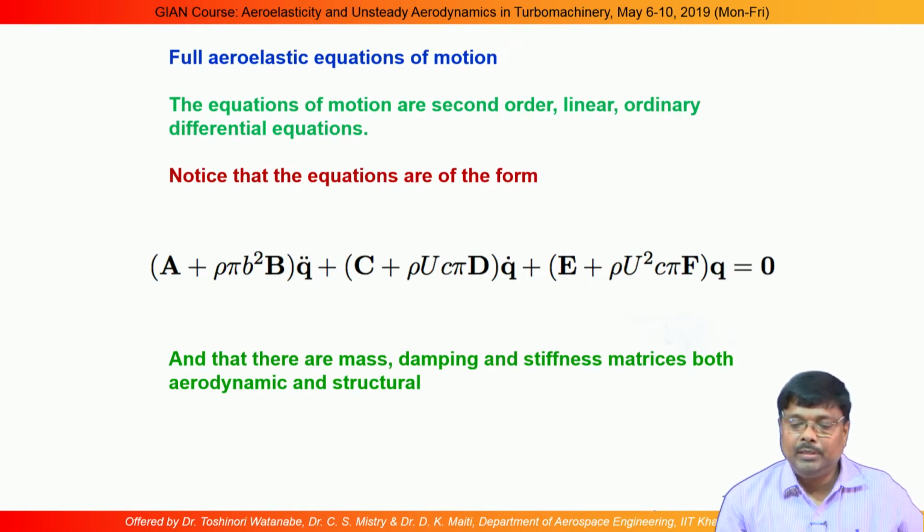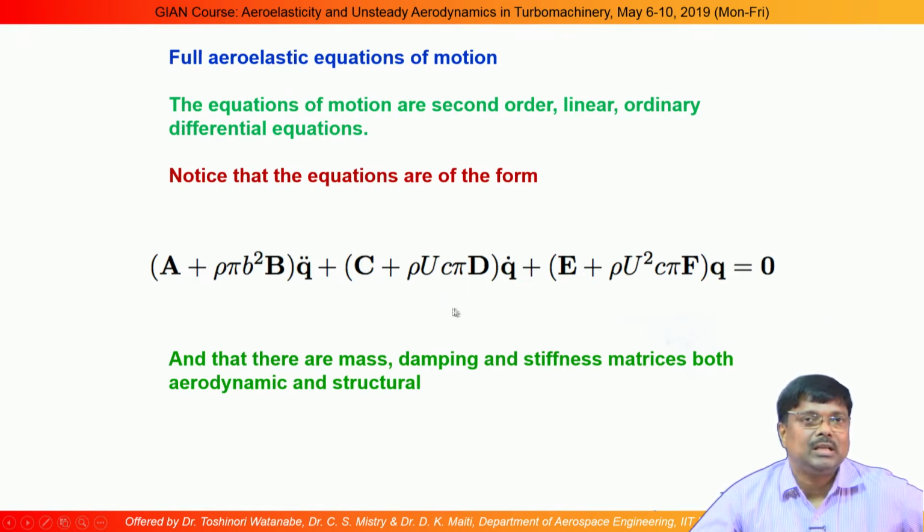So, in aeroelasticity, we can write A plus rho b square into B, into q double dot. A is the structural mass, rho pi b square into B is the aerodynamic mass. C, let us say, is structural damping, plus rho u C into pi d into q dot.